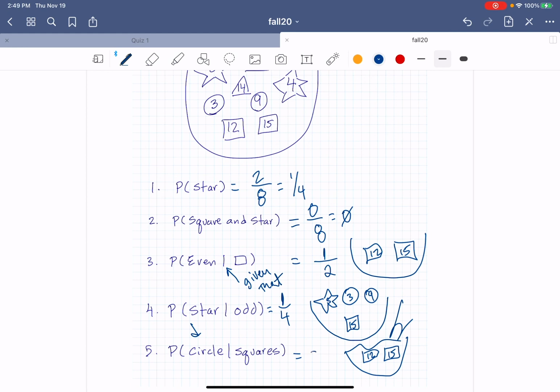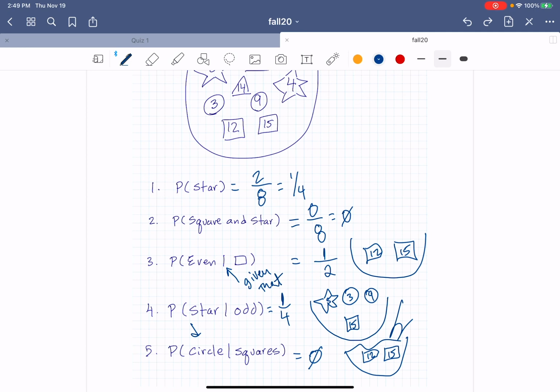That's right, 0. No chance. There's no way you'll be able to find a circle inside the bag because you're told that all of the items inside the bag are squares. How do you know all the items are squares? Because there's a conditional statement that tells you before you start that the bag has been cut. And inside the bag, there's only squares.